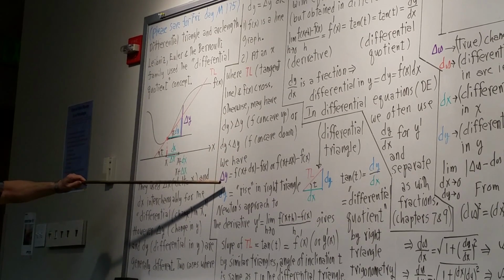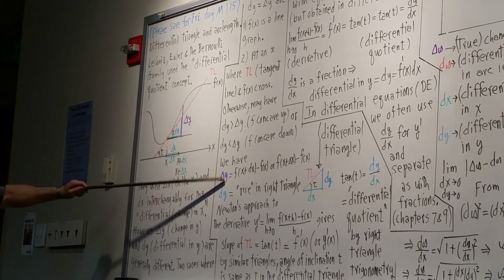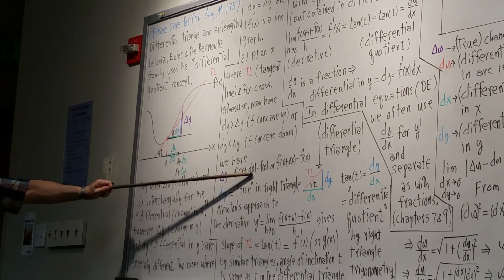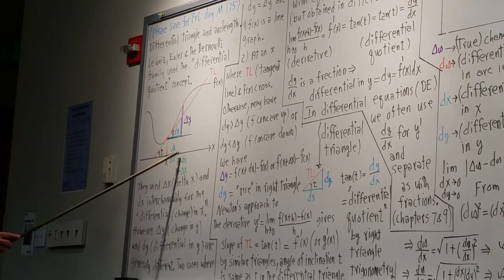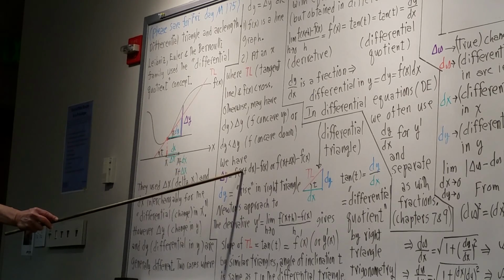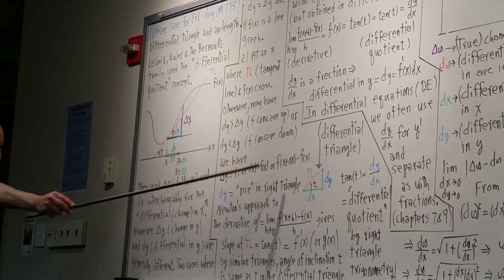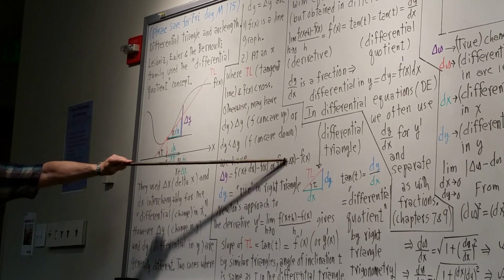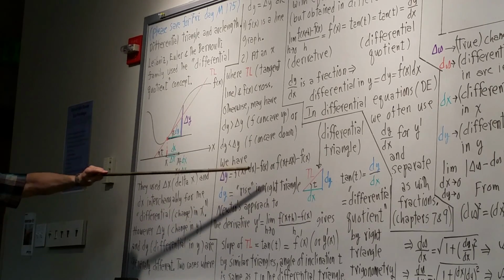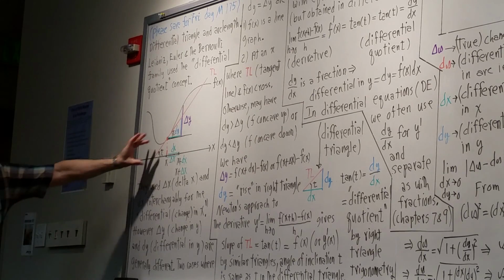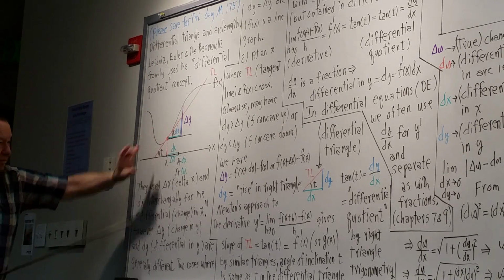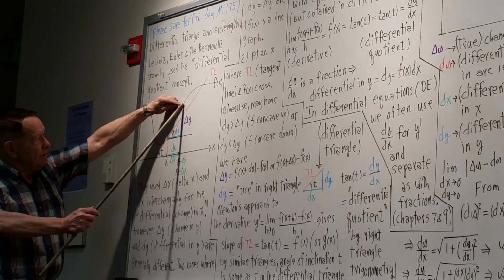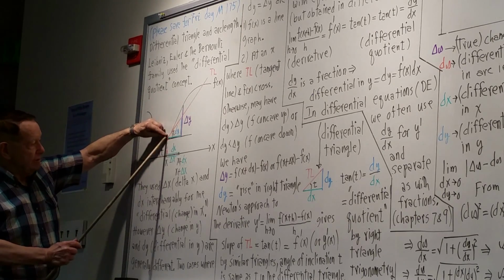So then your delta y, which is the change in the actual function value, is your function value at this point, whether you wrote x plus dx or x plus delta x wouldn't matter. That number is the same as that number, minus your height to your curve back here. So your delta y is here up to there minus here up to there.